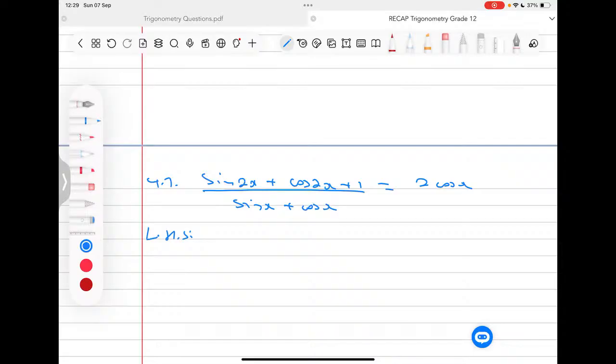So on my left-hand side, I'm going to use my double angle identity for sine, which is going to give me 2 sine x cos x, right? And we are going to also do the double angle for this cos here. Remember, there are 3 of these, right?